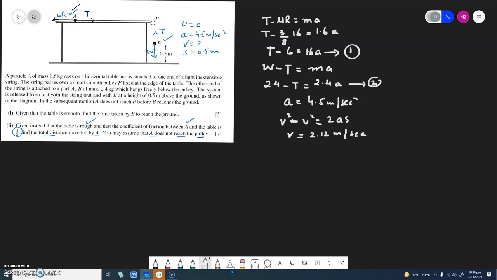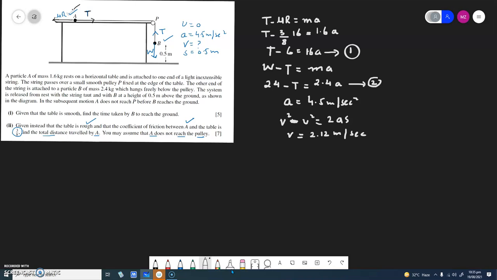So this is the velocity with which B hits the ground. Now when B hits the ground, the string becomes slack. It will lose its tension, and the only force which will act on the particle A will be the force of resistance.